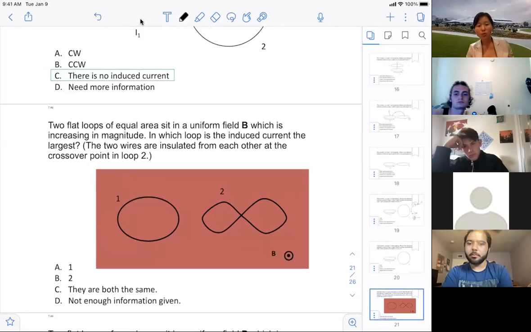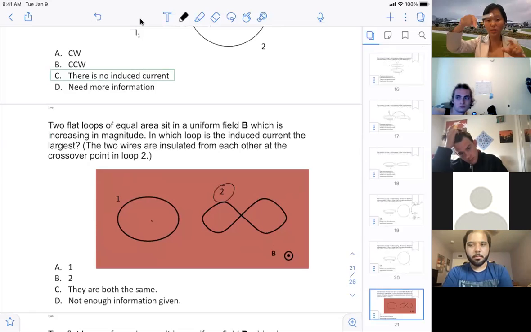Sometimes we actually don't want the induced current. We want to get rid of the effect. A trick to do that is you can rewire them in the opposite direction. So the effects will cancel each other out. So for example, in this case, it will induce some current in 1, but it will not induce anything in loop 2 because loop 2 is wired in the backward direction.